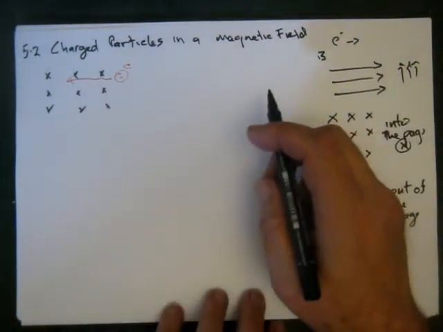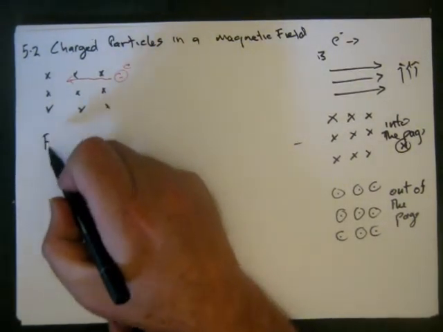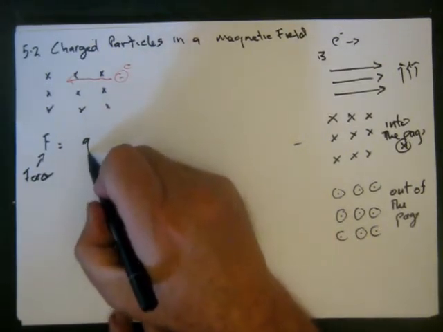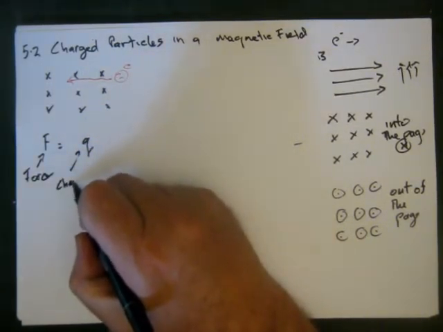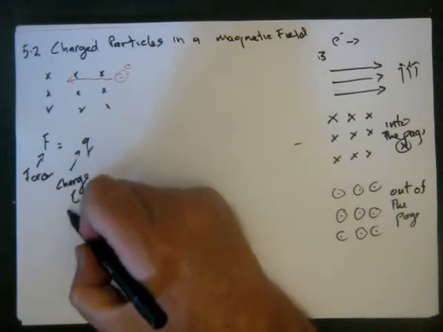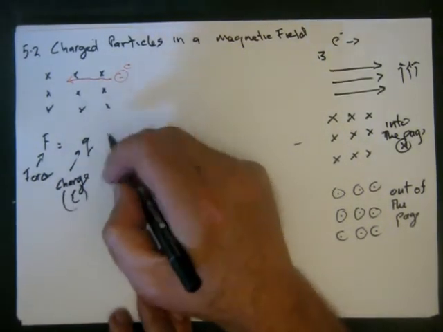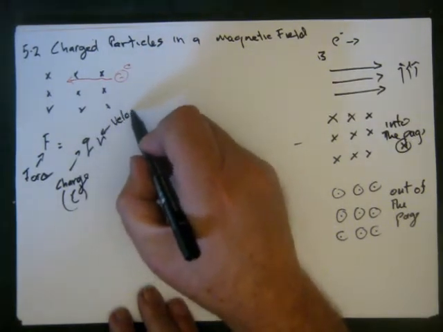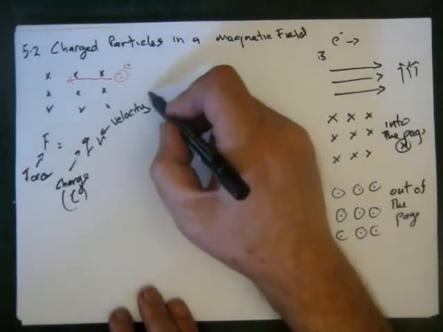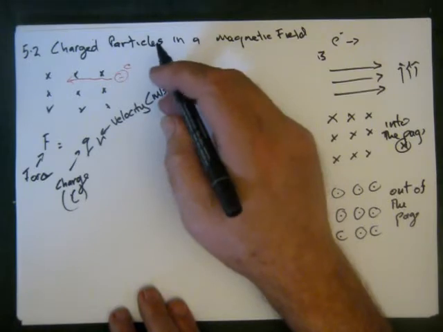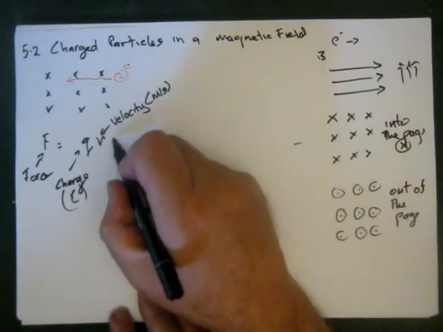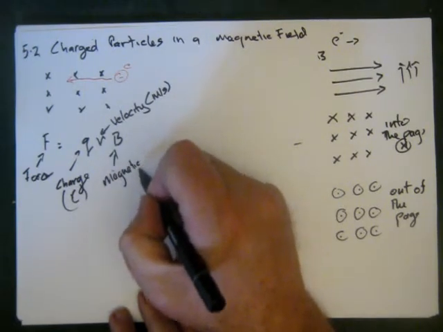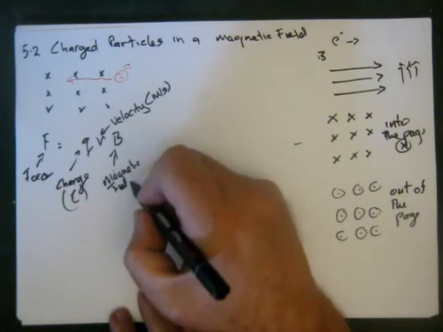Now the size is easy enough. The size is going to be F, the force, equals Q, the charge. Remember the charge is going to be in coulombs, times the velocity, that's going to be in meters per second, times the size of the magnetic field, and that's going to be measured in Tesla.